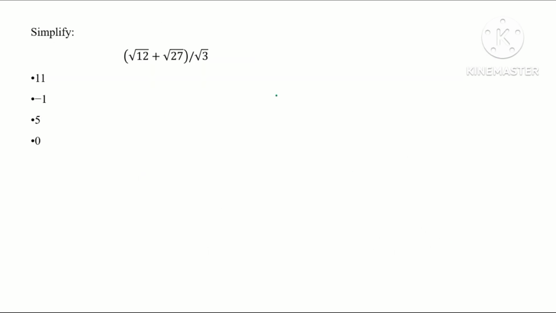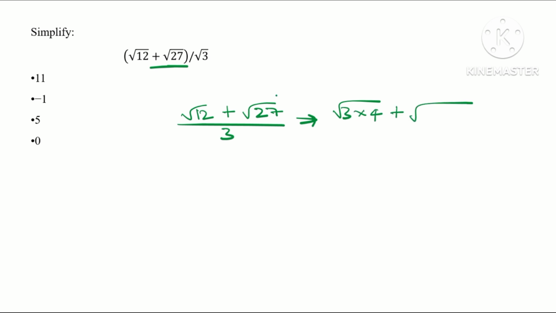So in this problem, let's solve this. Root 12 plus root 27 by 3. Root 12 we can write as root of 3 fours, plus root 27 we can write as root of 9 threes, by 3.